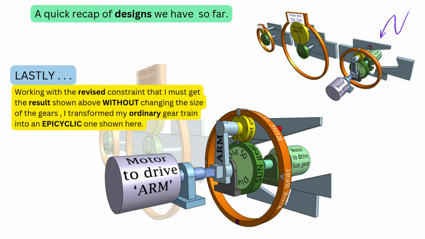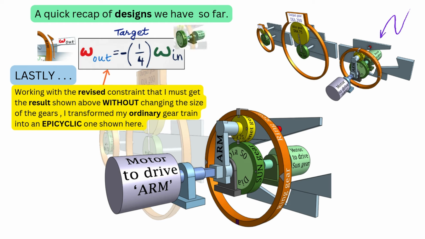Here in the epicyclic, we note that we still have the original 3 gears. The biggest difference is that the gear that now goes by the name planet has acquired the ability to orbit the sun gear, and the part called the arm acts as its carrier.